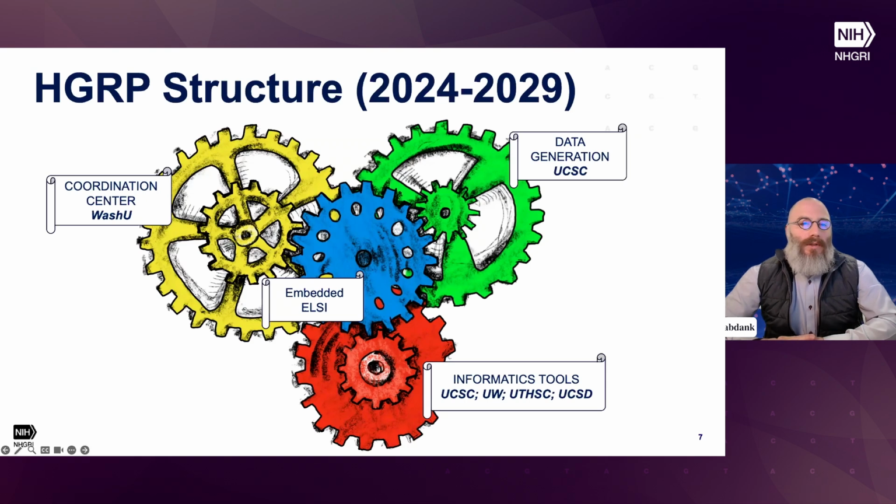It's important to point out that the embedded ELSI functions across all the components, advising on issues related to population labeling, data sovereignty, and population genetics. I would like also to emphasize that the different components of the consortium work together as a team, and we would like to see the new informatics tools be fully integrated within the consortium. Next slide, please.